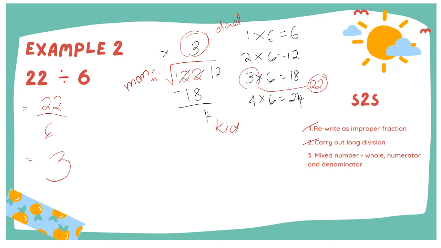So we have father, kid, and mother. So you have expressed this as a mixed number. Next, check your answer. First thing first, here you have 22 out of 6. Check if the denominators are the same. So if it's the same, then your answer is correct.